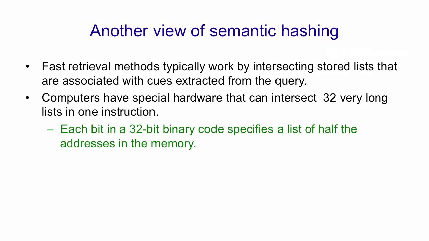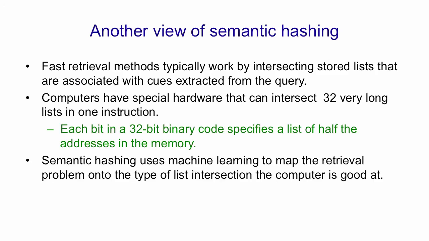So each bit in a 32-bit binary address specifies a list of half the addresses in memory. For example, if the bit is on and it's the first bit in the address, it specifies the top half of memory. If the bit is off, it specifies the bottom half of memory. What the memory bus is doing is intersecting 32 lists to find the one location that satisfies all 32 values in the binary code.